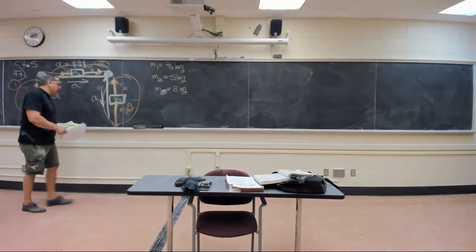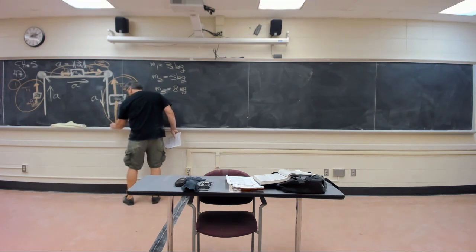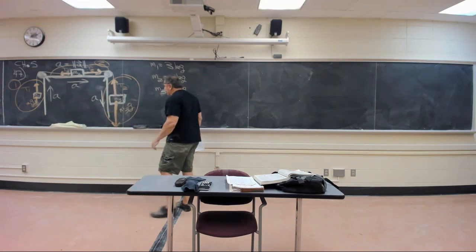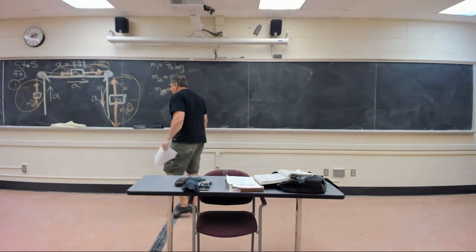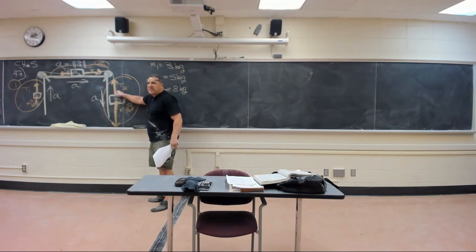Pretty neat problem in that regard. That's longer than that. Okay, I guess that's believable. It has to be. If this guy is going to go down, M3g, its weight has to be stronger than the tension acting on it.